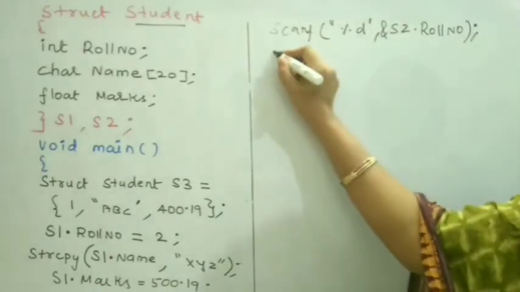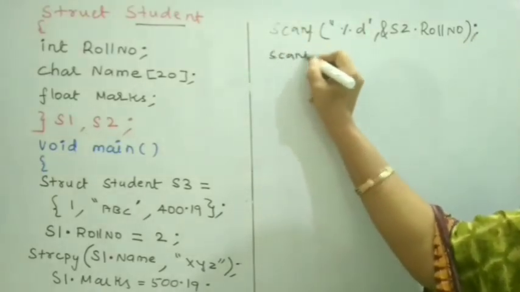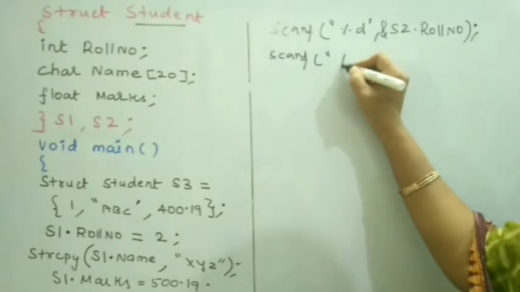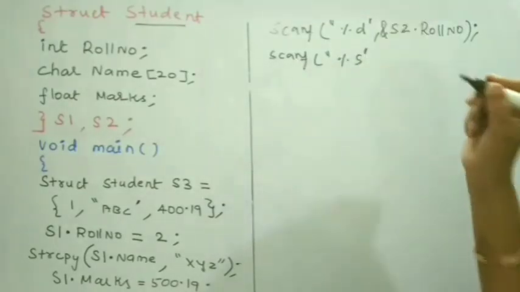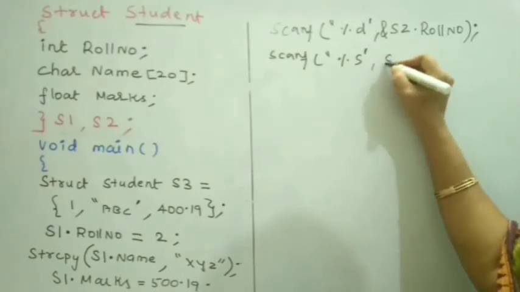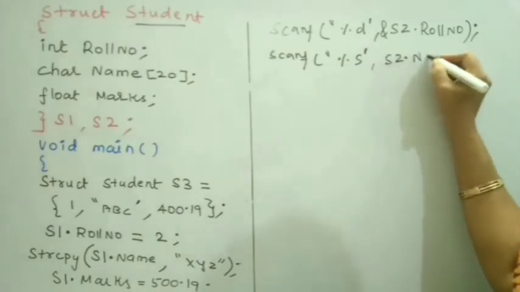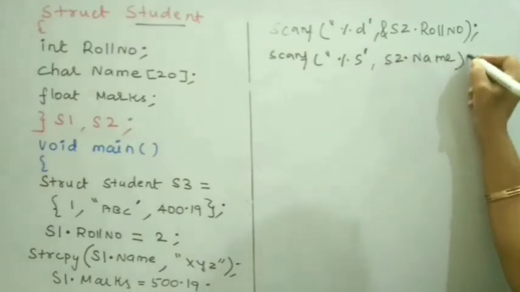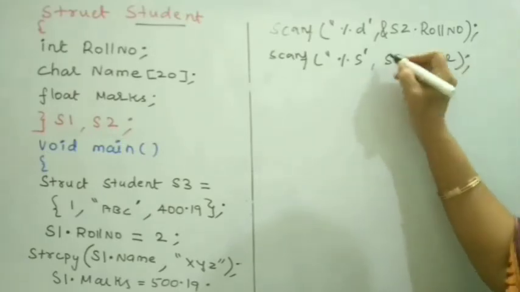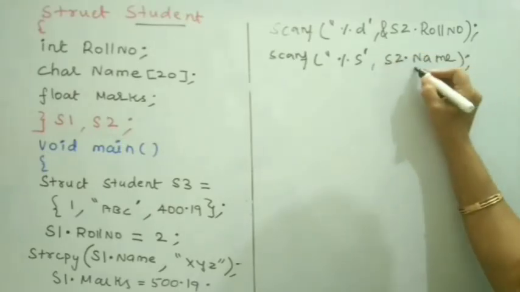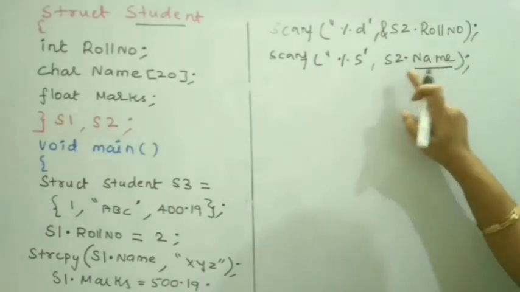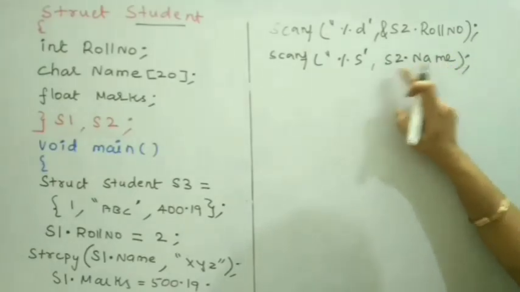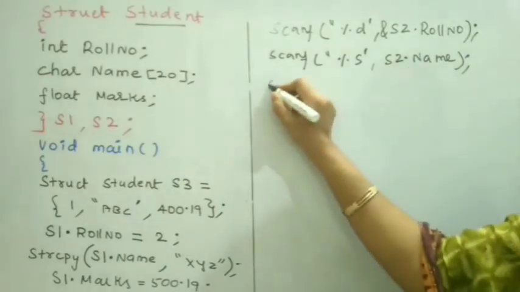And then get value for the second data member, scanf %s, since I am going to get a string value for the character array name, that is s2 dot name. While specifying a string variable here, no need to specify ampersand. The name of the character array itself specifies the memory address allocated for this array, so no need to specify the ampersand sign here.